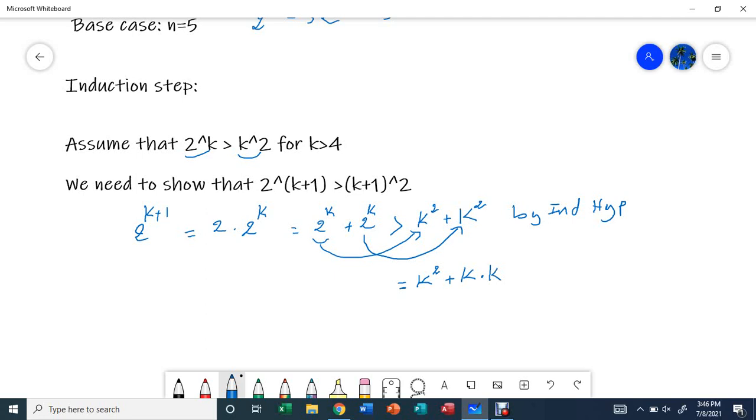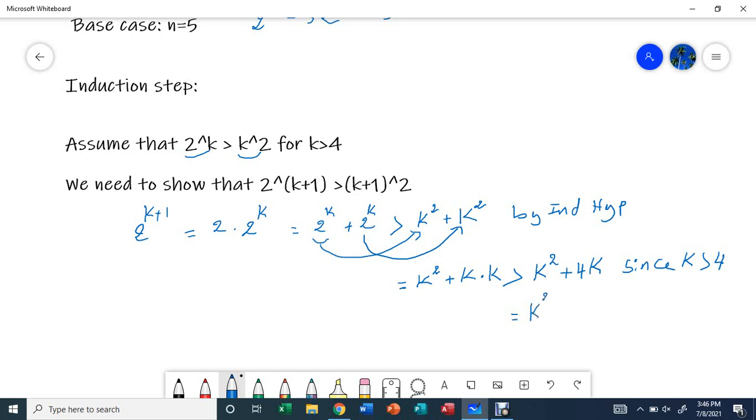And this is greater than k squared plus 4k. So replace one of the k's with 4, and that's true because k is greater than 4. Now same trick, break down 4k to 2k plus 2k.